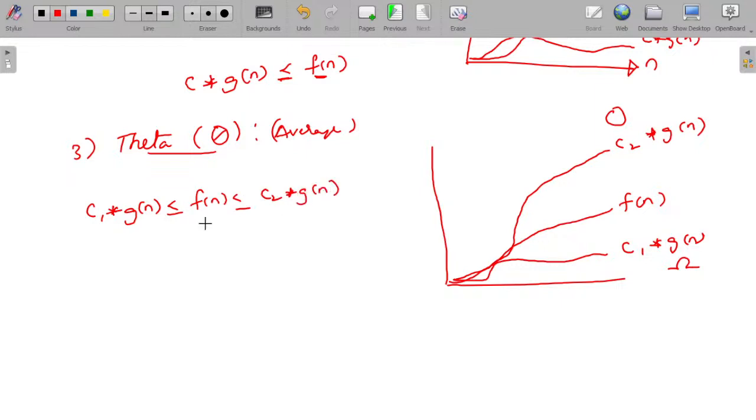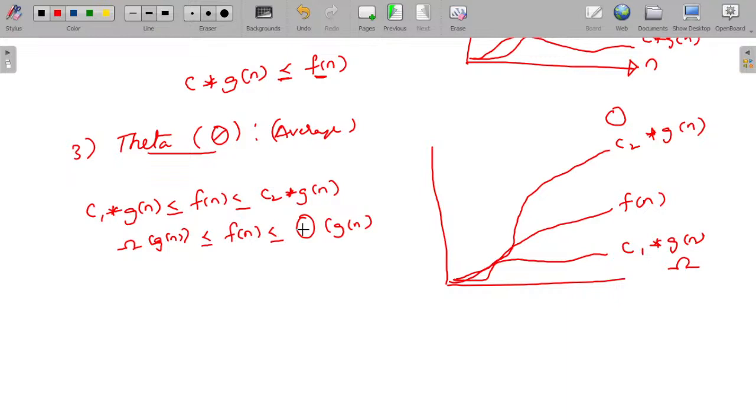Which is nothing but omega of g of n is less than or equal to f of n, which is less than or equal to big O of g of n. This is how you represent theta notation, which is used to represent the average case time complexity for any given algorithm.